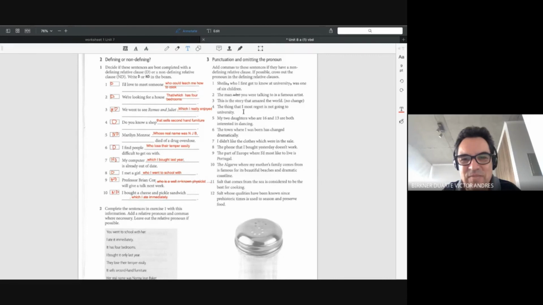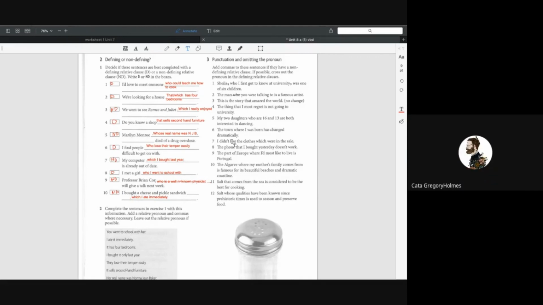Okay. Number 5, my 2 daughters, who are 16 and 13, are both interested in dancing. Can we do something with this sentence? Put the comma. All right.